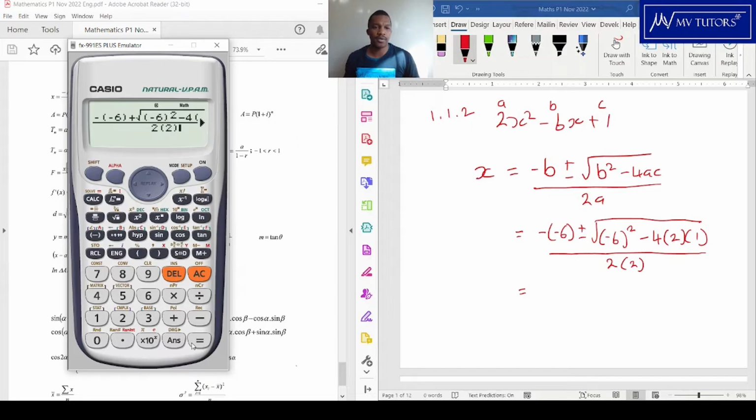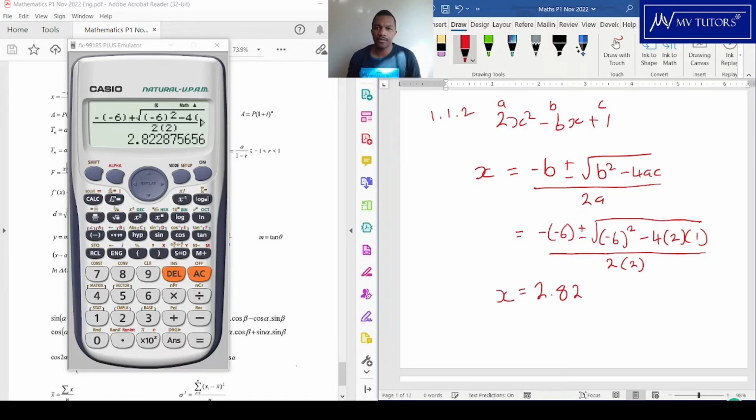Now notice I put it exactly as it is. And that's what I got. Remember our question said leave it in 2 decimal places. So I'm going to convert this to decimal and I get 2.82.